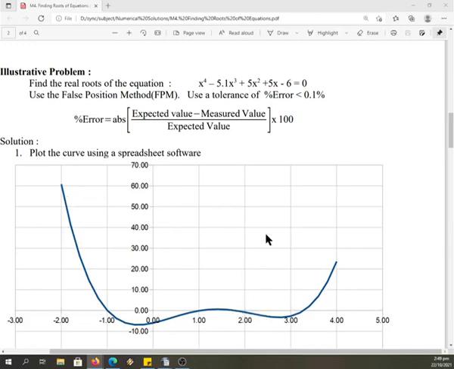Now, using a spreadsheet software, we can easily plot this curve. Of course, the choice of x coordinates and y coordinates will be dependent on your skill as a user of the spreadsheet.